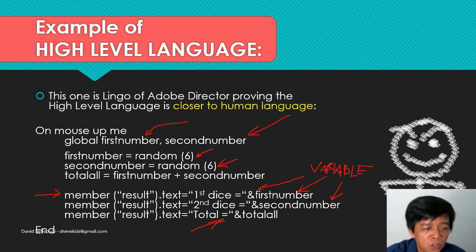Or if you want to make it separately, you can make 3 fields. Okay, member result 1, the first dice, and then member result 2, and then the last one is member result 3. So you can see the 3 lines from the first dice, second dice, and total.